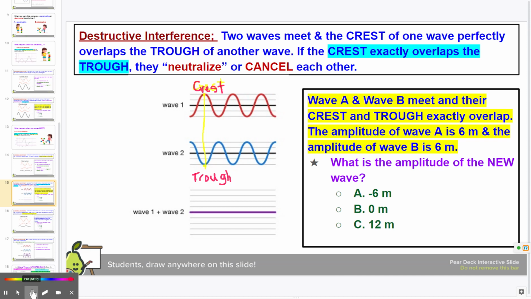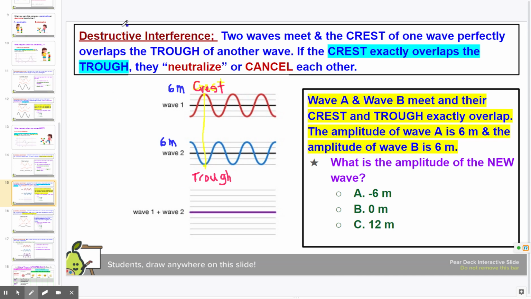It says the amplitude of wave A is 6 meters, and it says the amplitude of wave B is 6 meters as well. What is the amplitude of the new wave?